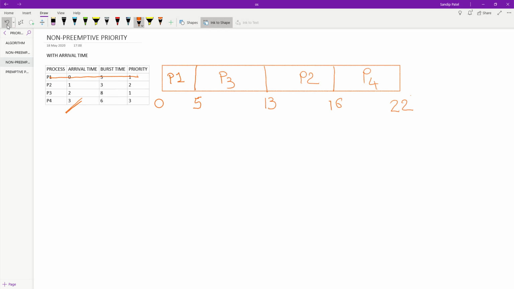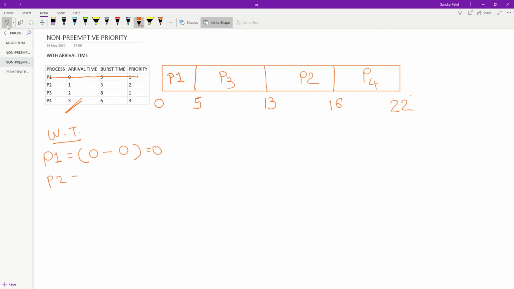Okay, so we will find the waiting time again for each process. For P1, the first response generated by the CPU is at 0 milliseconds, and it arrives at 0 milliseconds, so the waiting time is 0.